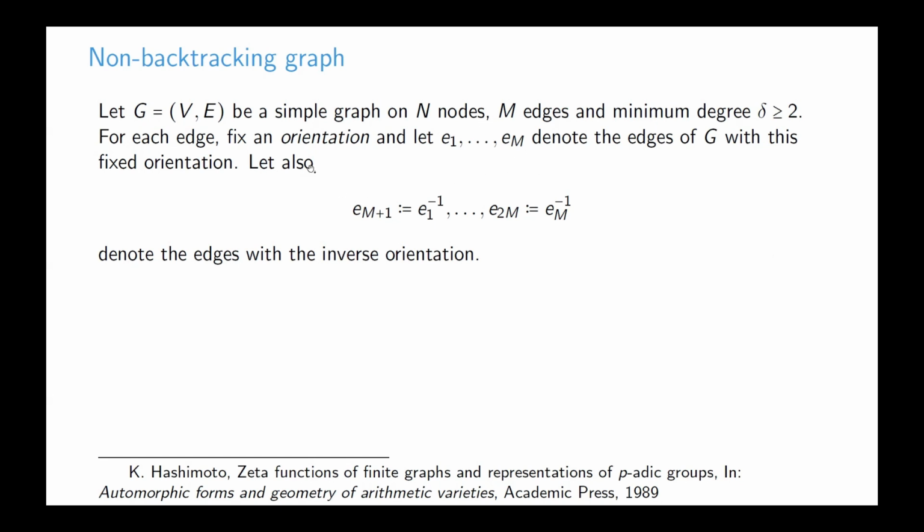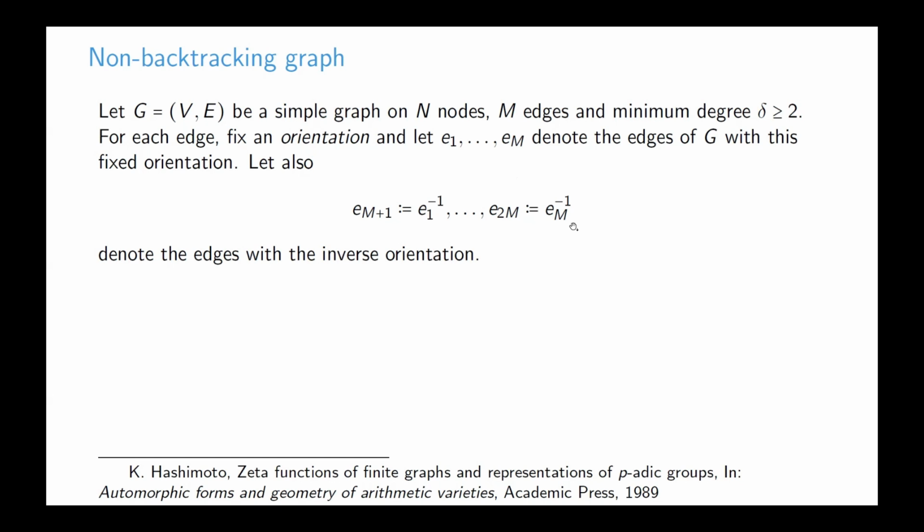And then we also consider the other orientations. And so we let E(m+1) be the oriented edge that is the inverse of E1, up to E(2m), which is the inverse of Em.